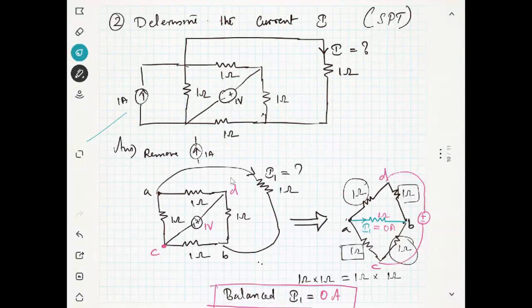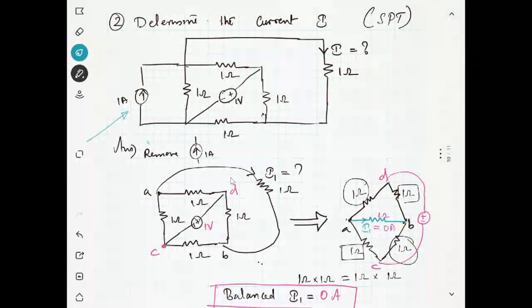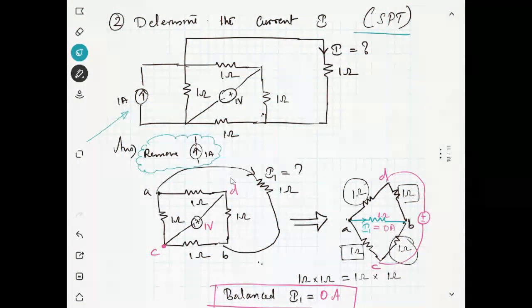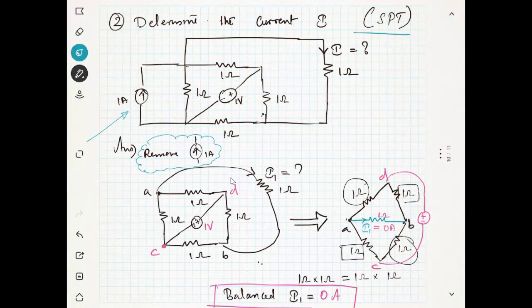Because we are applying the superposition theorem, we will consider only one source at a time. No, not my question. I mean, when we first cancelled the 1 ampere source, then we just applied the 1 volt source. Now, why didn't we consider 1 ohm and 1 ohm as parallel, as we did now?